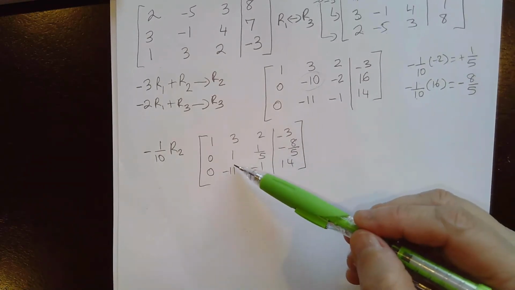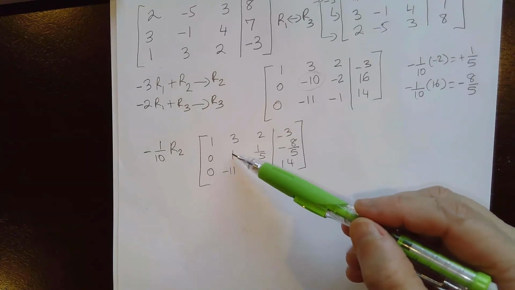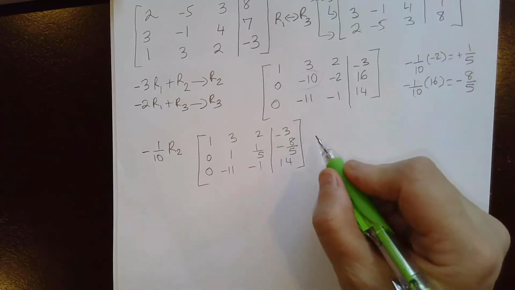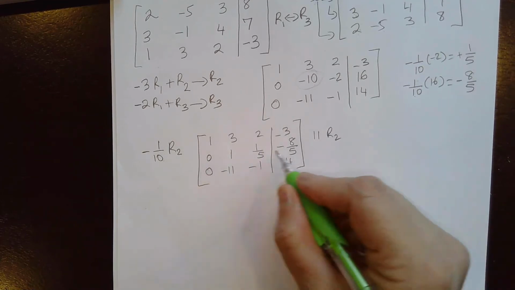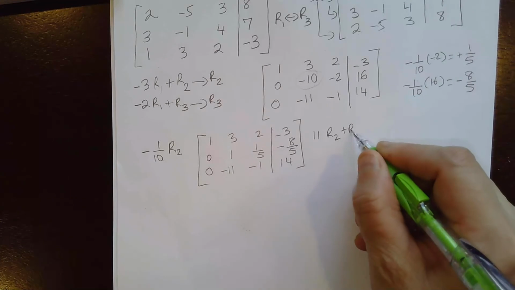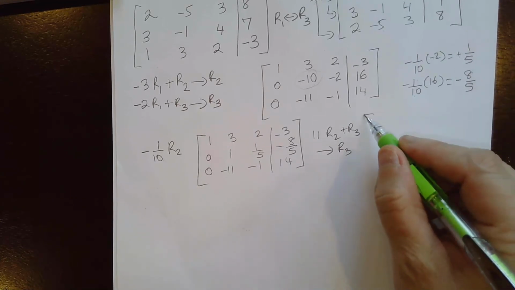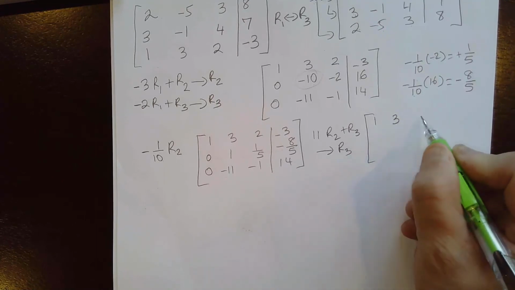Now we need to make this one 0, using the one in the diagonal. The opposite of negative 11 is 11. So 11 times row 2, this one is in row 2, add it to row 3 and put the result in row 3. So let's do this. We are not changing row 1, so I'm going to write it as is.